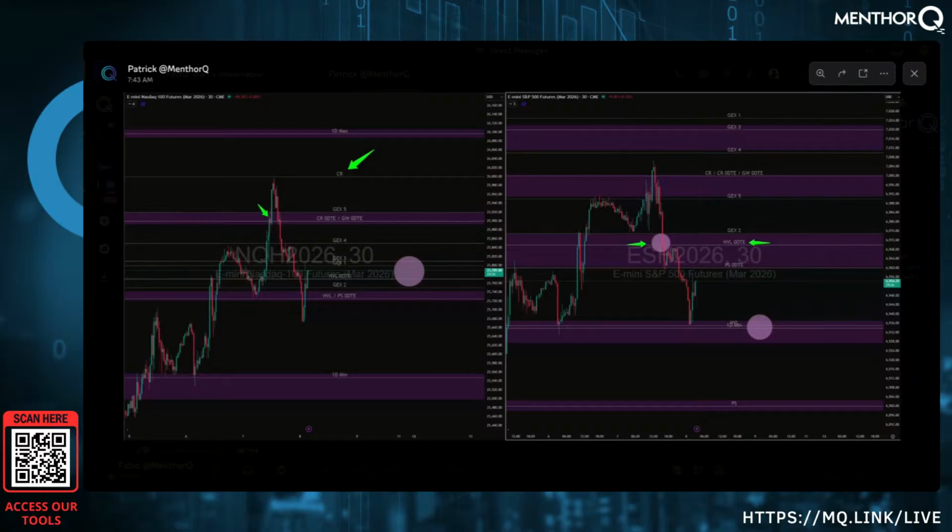And if you're looking at our ES on the right side, this setup showed up yesterday. We touched the high vol 0 DTE, we came down, and then we were in the box, and then we got out of the box straight to 1 day min. This is also a really nice example for you guys to see how the 1 day min was holding.